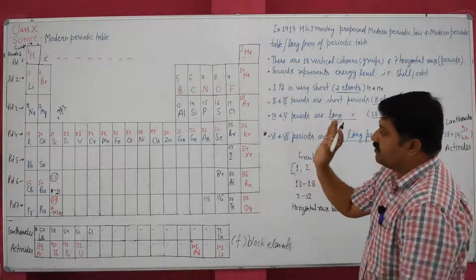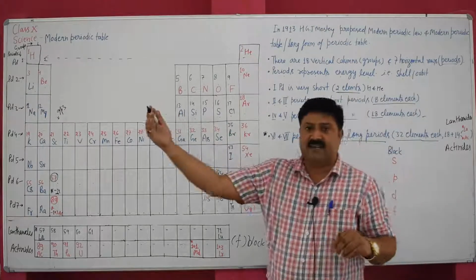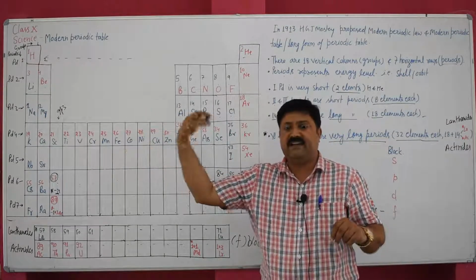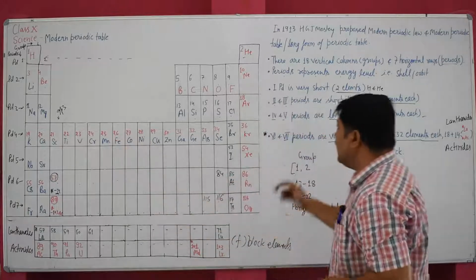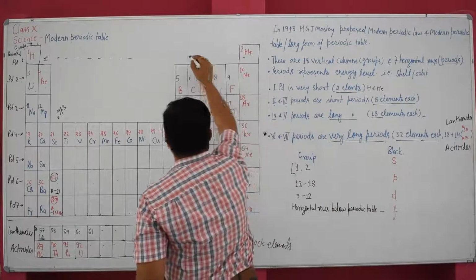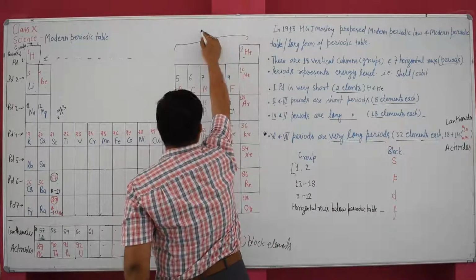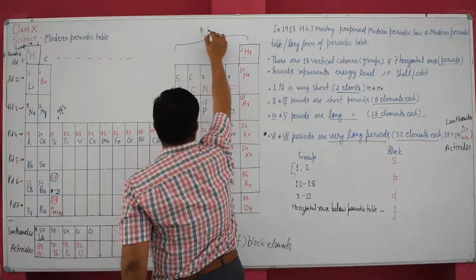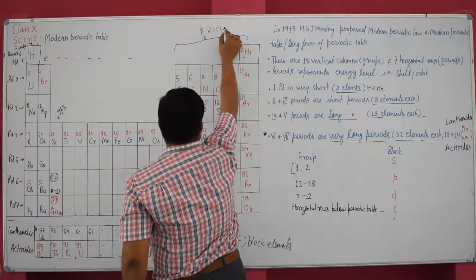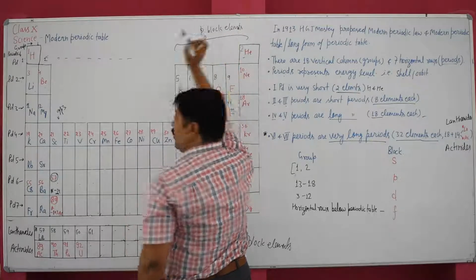So they are at the right hand side of the periodic table, and here these are the P block elements.